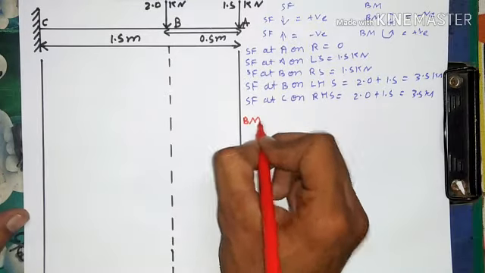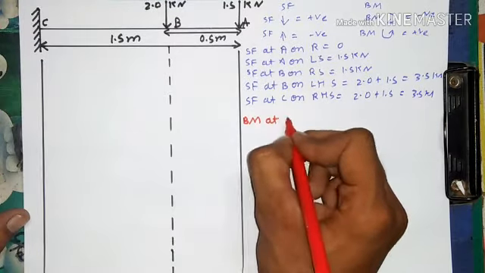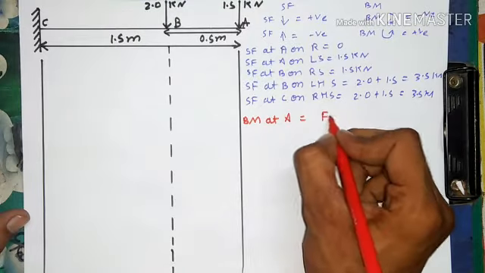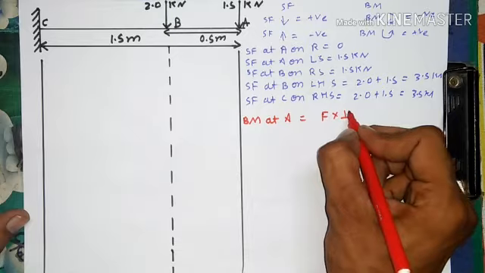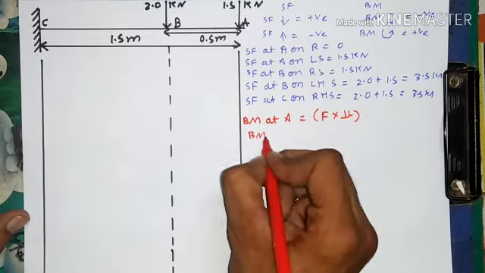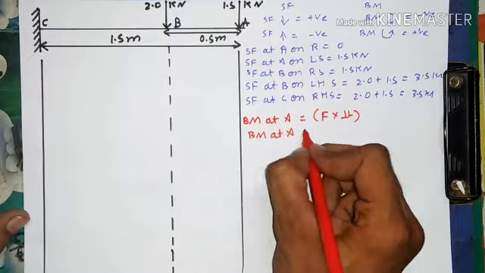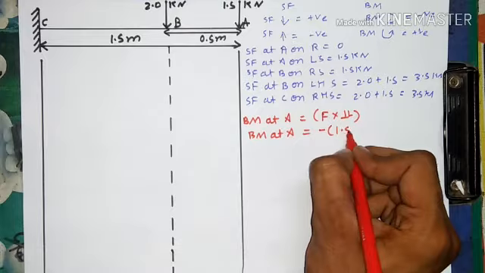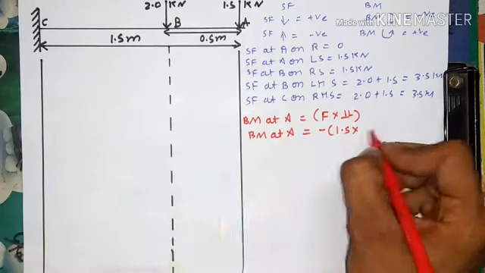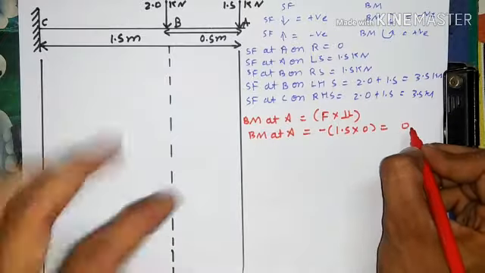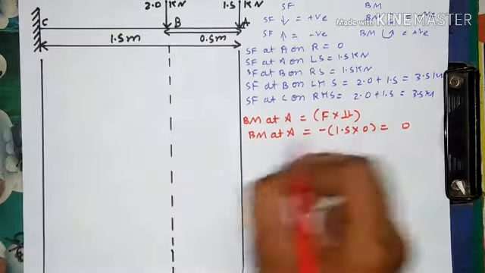Bending moment at point A is, the formula was force into perpendicular length. So bending moment at A is force 1.5 into, there is no length required, so this length is 0, and the total bending moment at point A is 0.